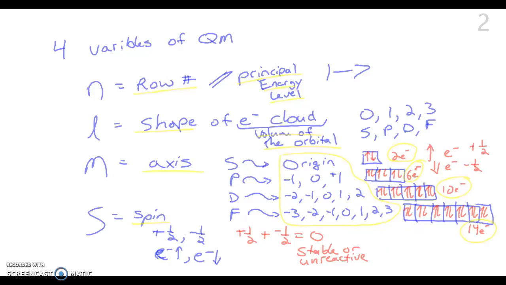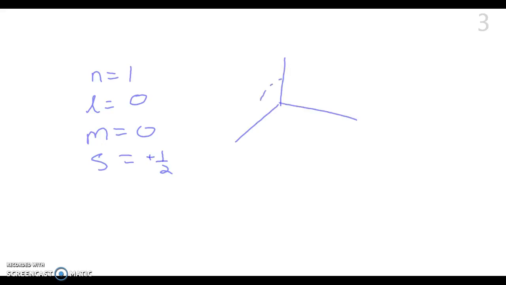So let's put all of this together into a problem. If N is equal to 1, L is equal to 0, M is equal to 0, and S is equal to +1/2, that means if I have it on my 3-dimensional axis here, I have a value near the origin in that first energy level.